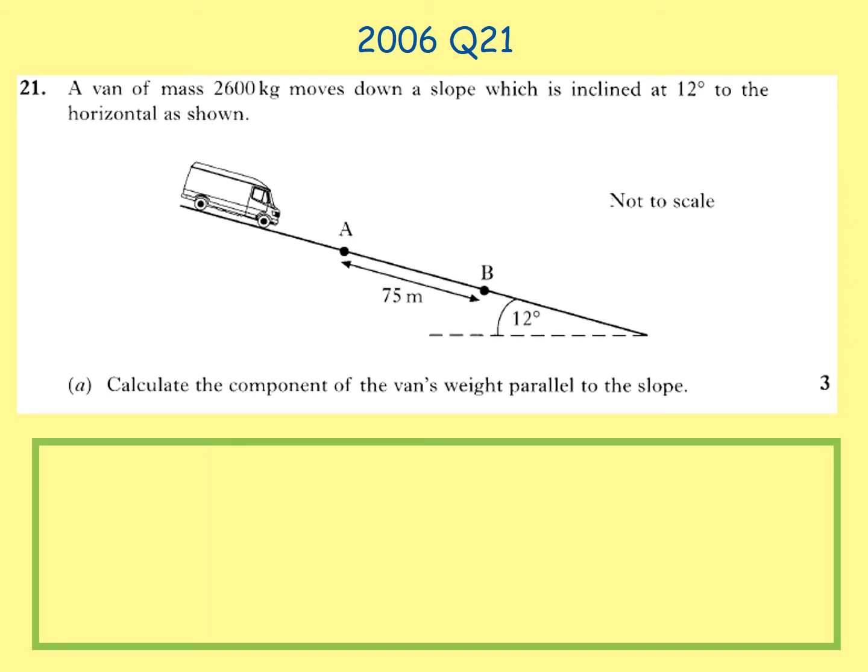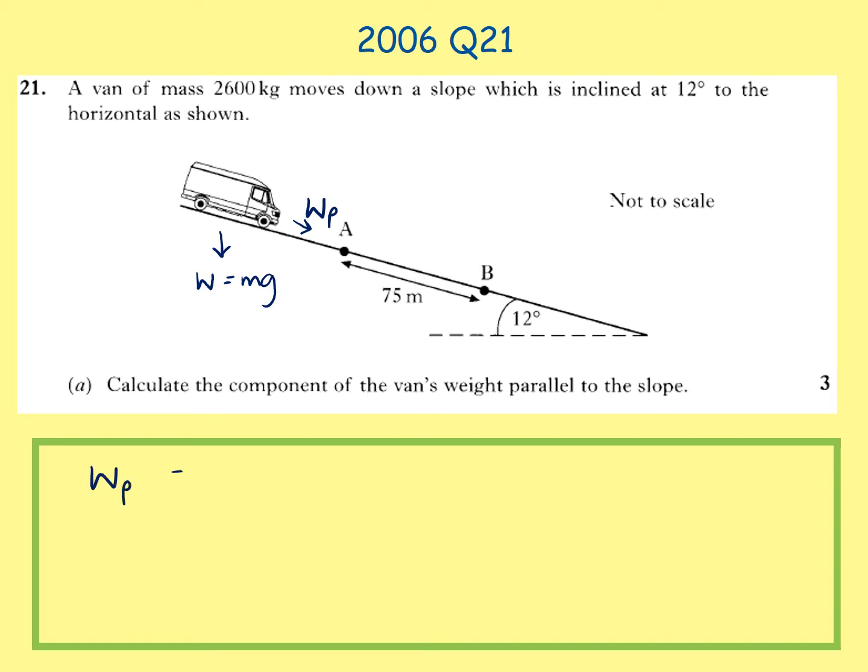So looking at part A, we want to calculate the component of the van's weight parallel to the slope. We know that the component of the weight down the slope, so this just here, is mg sine theta. I'm going to label this as WP to save writing it every time. And we have our W just here, which is equal to mg.